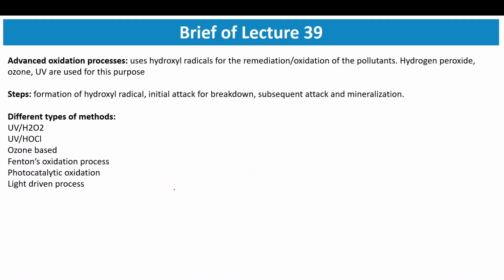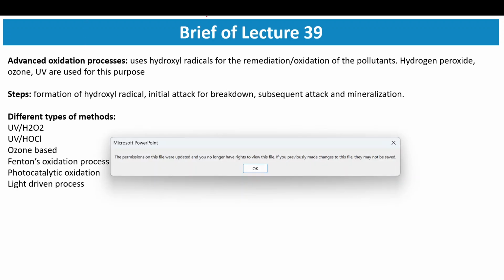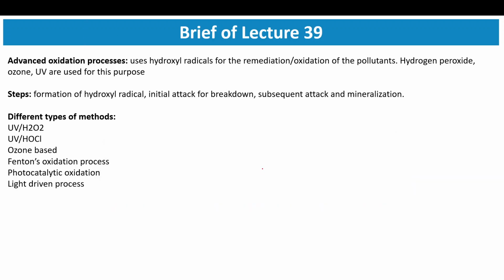So now coming to the next, the last tertiary treatment which is discussed in the class, which is nothing but advanced oxidation process. Advanced oxidation process is mainly used because there will be some organic compounds in the water or wastewater which are not easily degraded by bacteria, or which are not easily degradable.